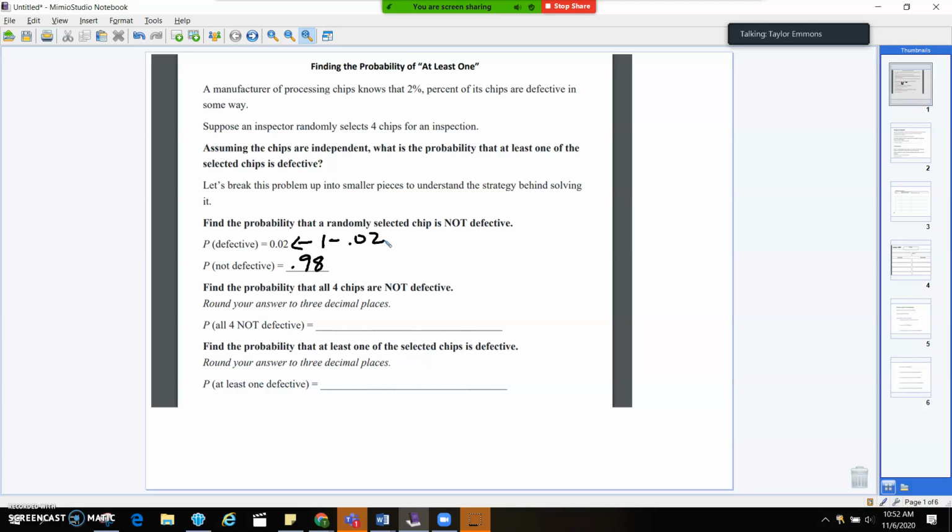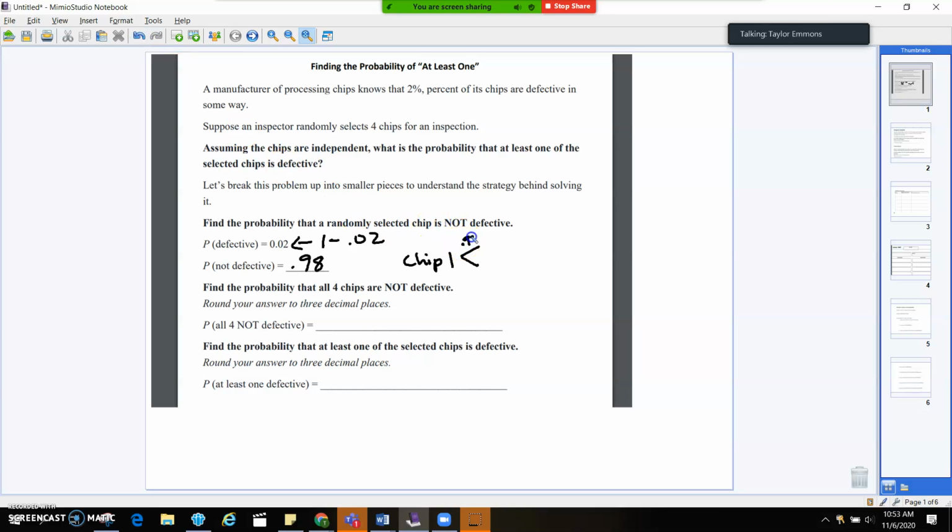So now find the probability that all 4 chips are not defective. The way that I kind of imagine this, you remember how we did that tree diagram the other day? So I'm going to take chip 1, and either it's defective or it's not, right?